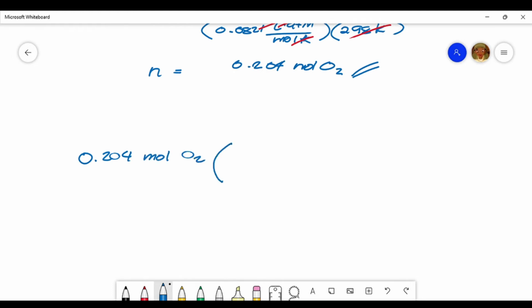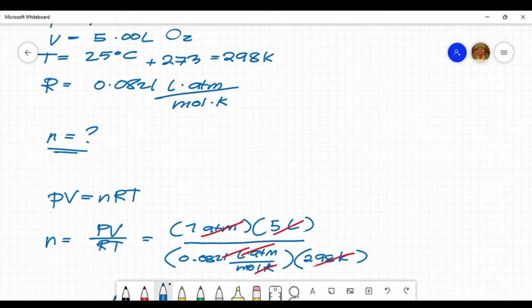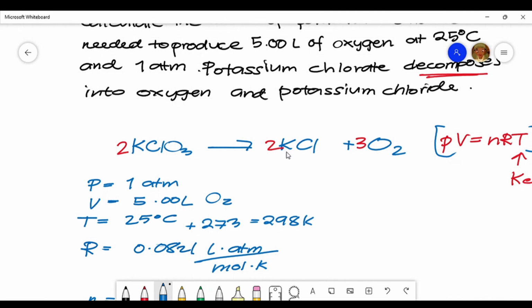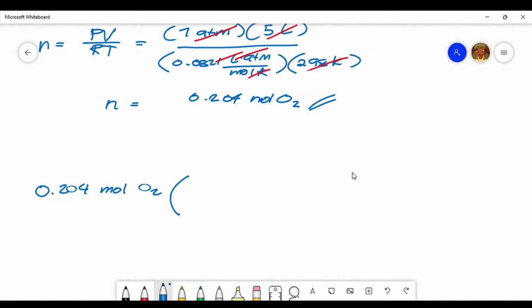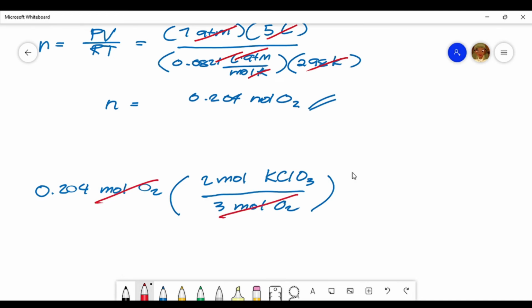Then by dimensional analysis, we know that for every 2 moles of KClO3, we have 3 moles of O2. So we use that one. Now we're getting closer. We have to cancel this one and think of the next ratio that we multiply.